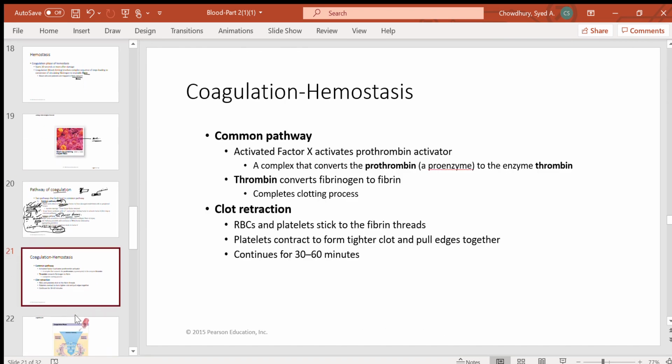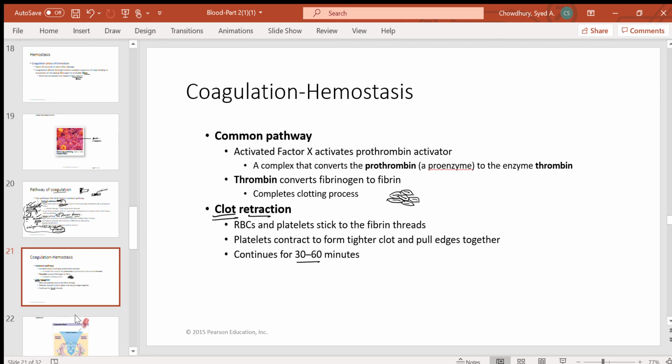Okay, clot retraction. After the clot is formed, after 30 to 60 minutes, the water part or fluid part inside it comes out. Retraction means the clot will squeeze and reduce its size. Inside the clot you have what? You have the platelets, right? Platelet plug. Inside the platelets you have actin myosin. You must remember from NP1, actin myosin in the muscle fibers help in contraction.